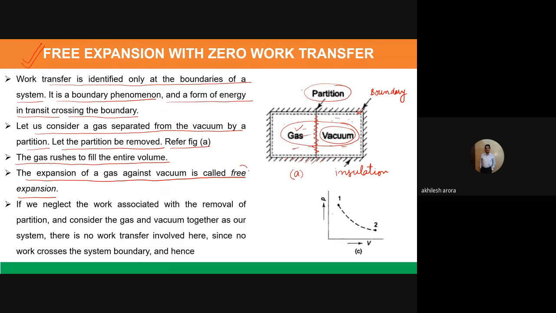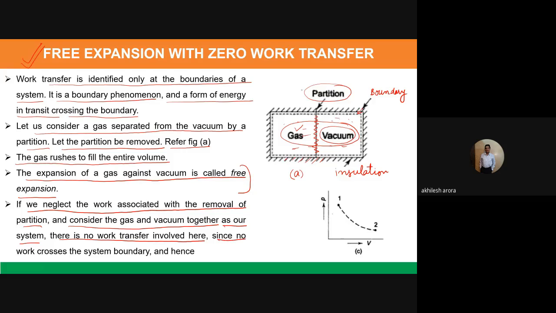So you should be aware what free expansion is. Free expansion is expansion of a gas against vacuum. If we neglect the work associated with the removal of the partition and consider the gas and the vacuum together, as I have considered already, inside the boundary we have both the gas as well as the vacuum, as our system, there is no work transfer involved here.